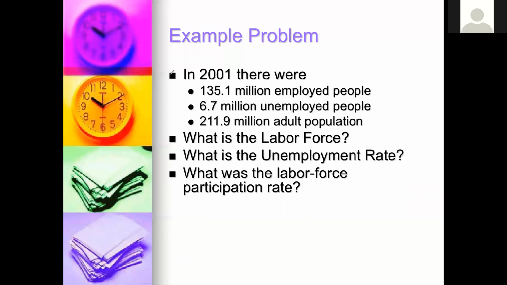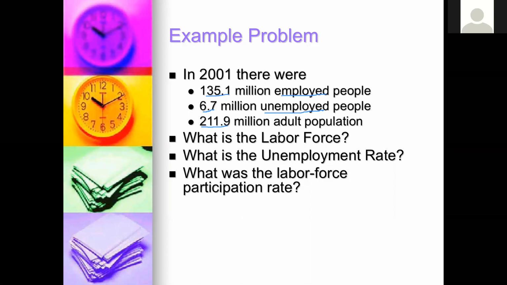Here we go. Okay, in 2001, there were 135.1 million people employed. So those are actually working. 6.7 million unemployed. And notice the adult population here, so this includes everyone 16 years and over, is 211.9 million.